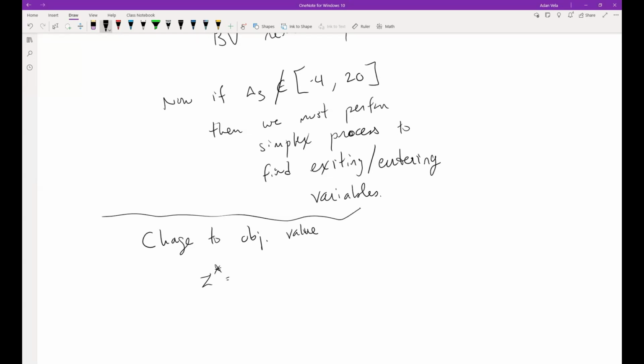Well, that's given by CBV times B inverse B. I always like looking it up on my table. So remember, the objective value is CBV times B inverse B.